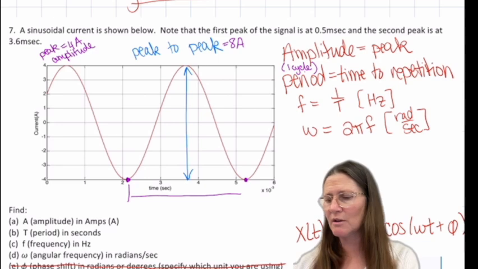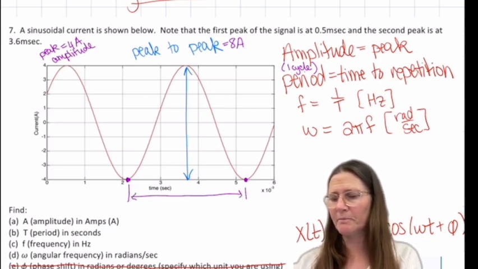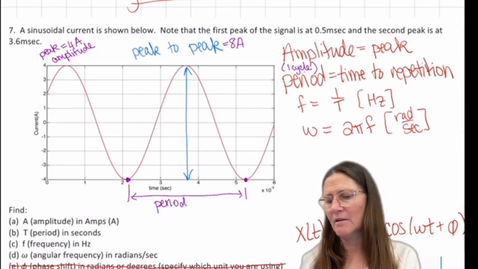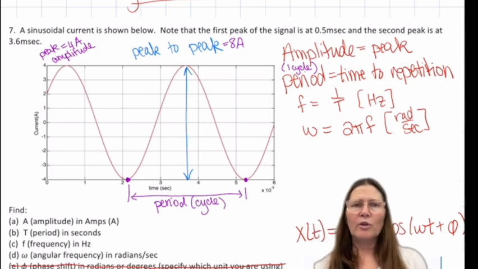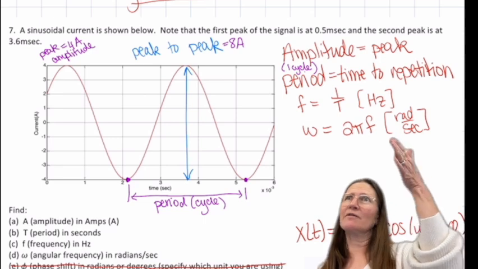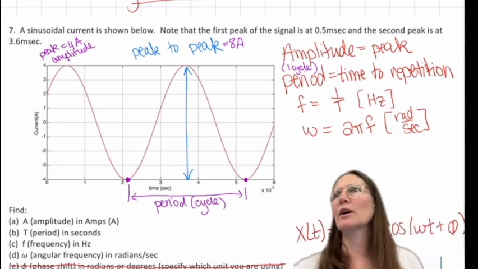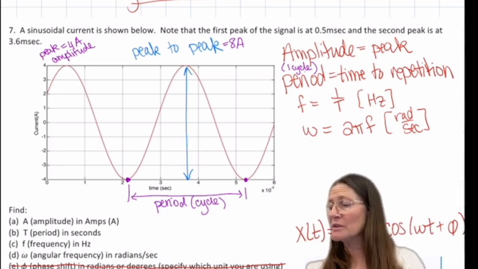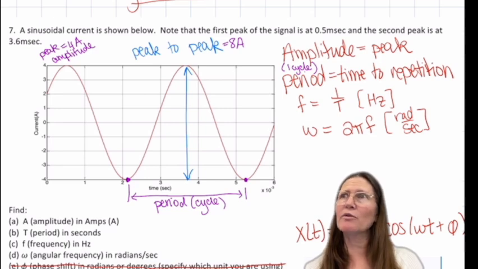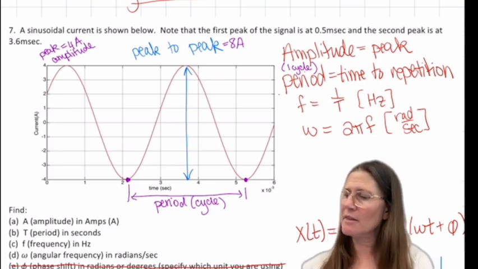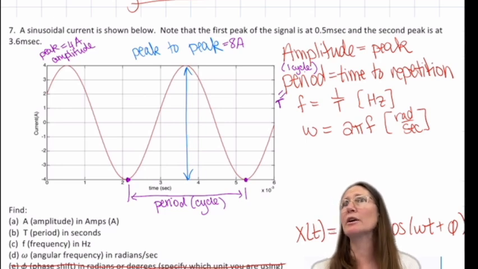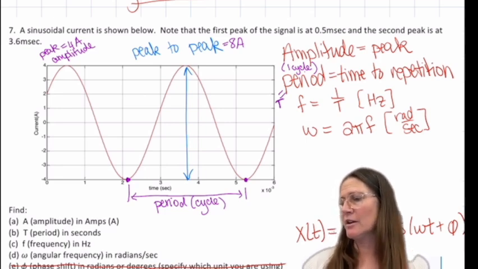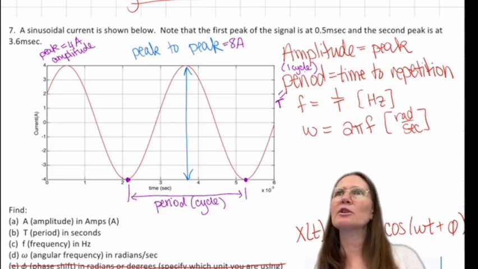So this would be 1 period in this example, or the other word is 1 cycle. You find a spot on there that's easy to identify, and then you look at when it repeats again itself, and that would be where your period is. All right, frequency, which is in hertz, is 1 over that time period, and period is usually a capital T notation. And then omega, which is your angular frequency, is 2 pi f, and that one's going to be in the units of radians per second.